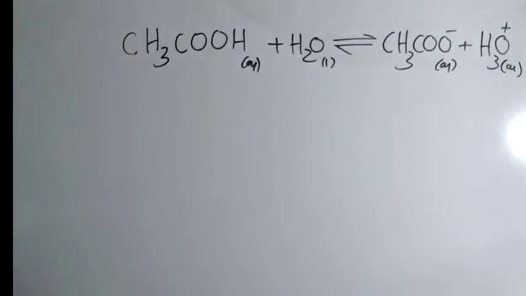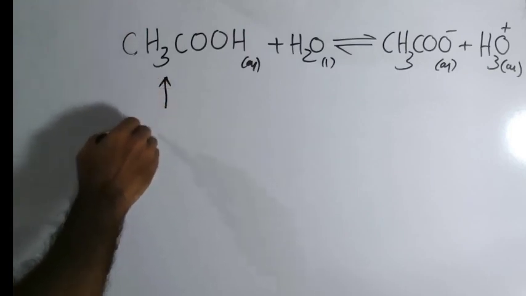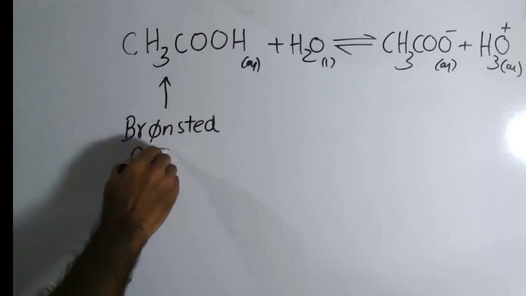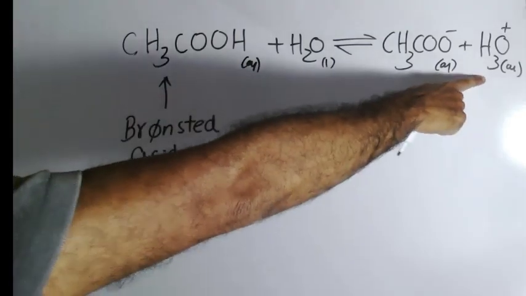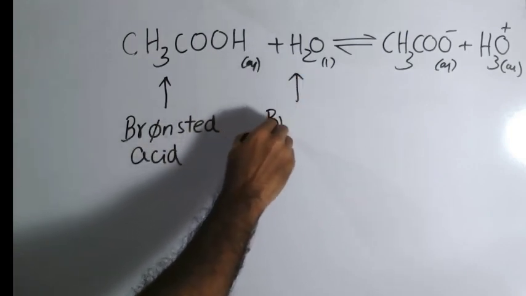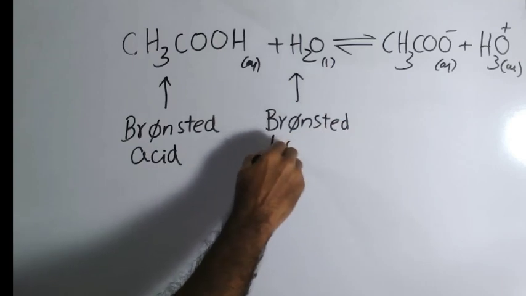Here acetic acid can donate a proton and it forms acetate. Then we can identify acetic acid as a Bronsted acid. Water accepts that proton and produces hydronium ion. Thus we can tell water acts as a Bronsted base.